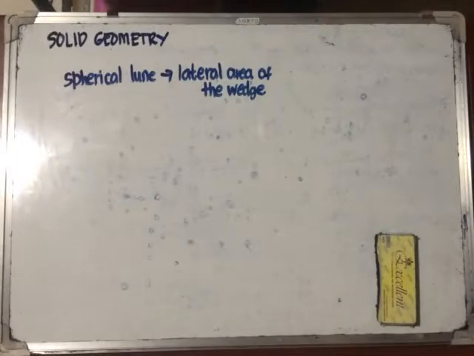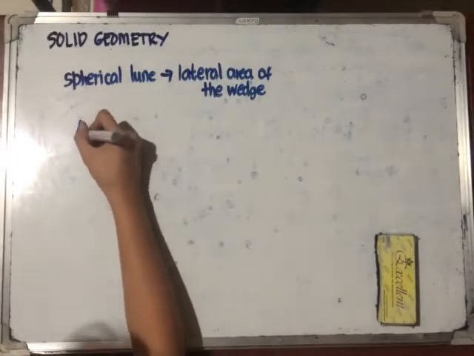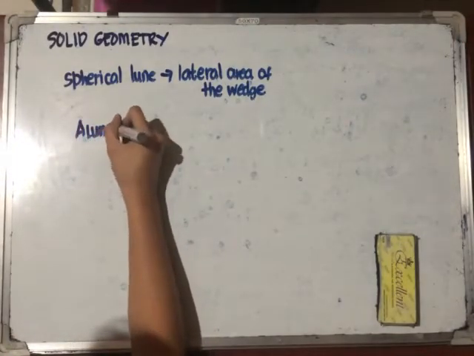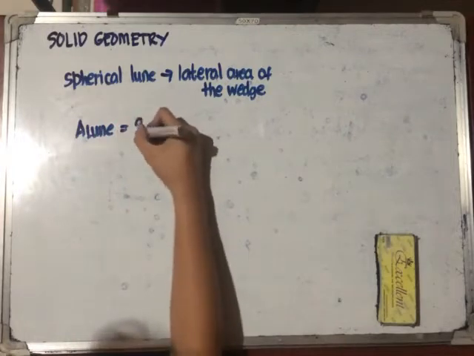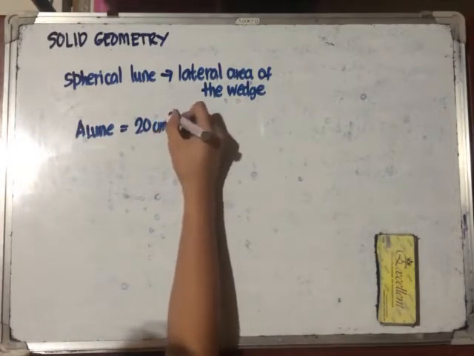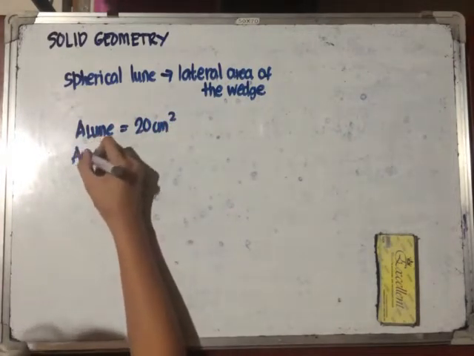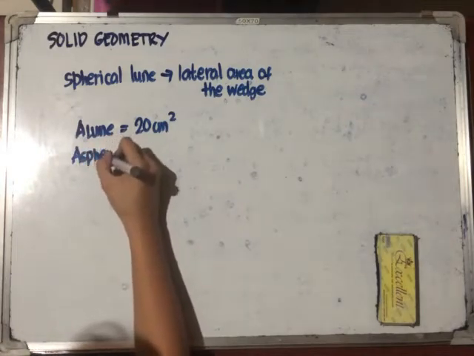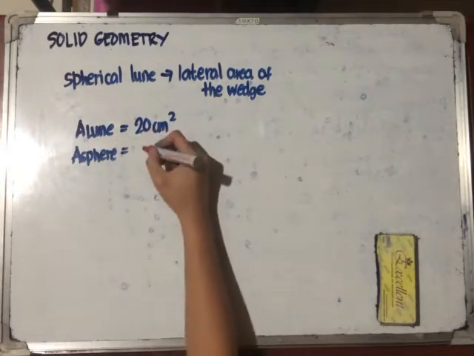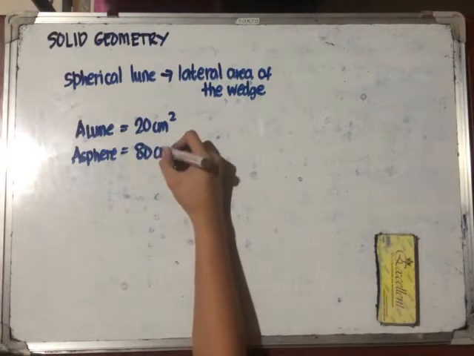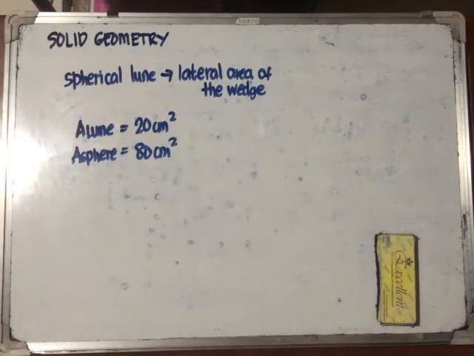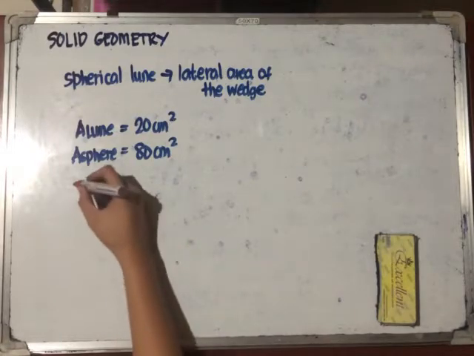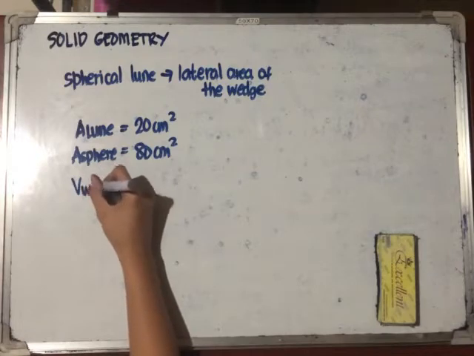So the area of that lune is mentioned to be 20 square centimeters, and the area of the sphere, this pertains to the total surface area of the sphere, is 80 square centimeters. What is being asked here is, what is the volume of the wedge?